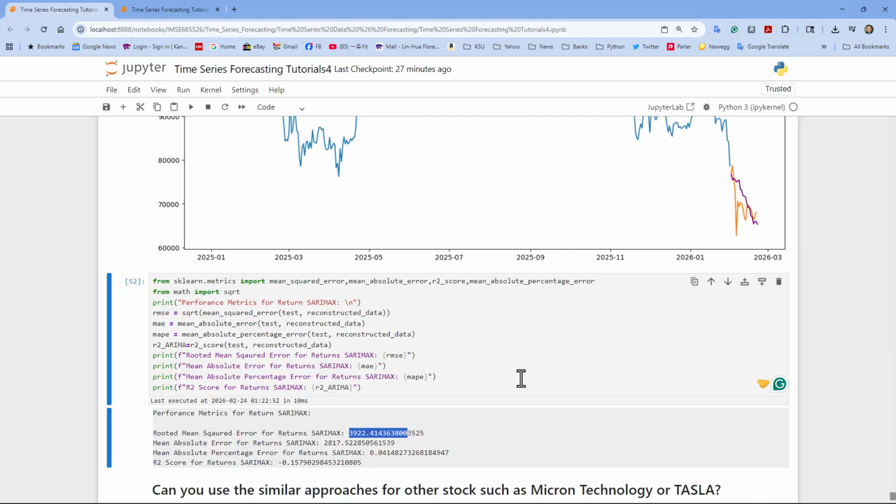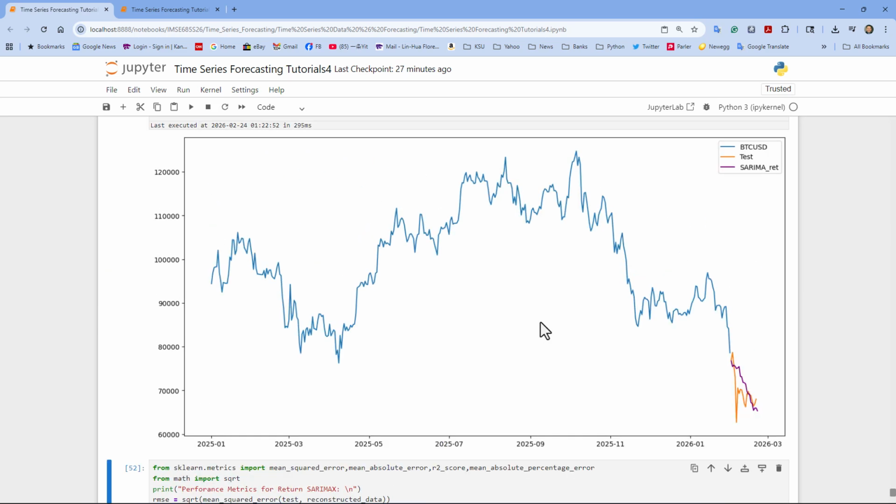The methods we used before are quite accurate for data sets with a clear linear trend and a clear seasonal pattern. But for volatile data like Bitcoin, the SARIMAX model actually still performs very well.